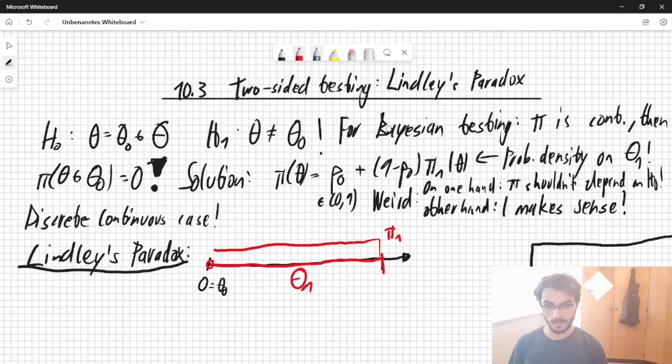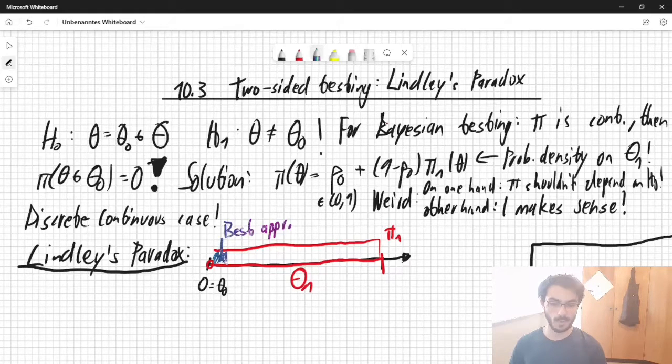Then if we have some estimator, let's say the maximum likelihood estimator, the best value for f of x given theta, the best approximation is here.